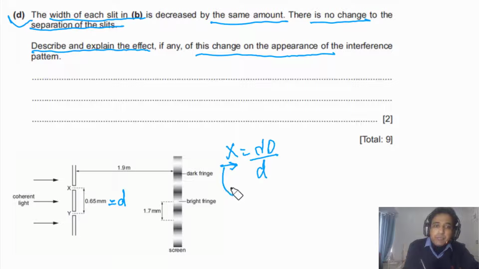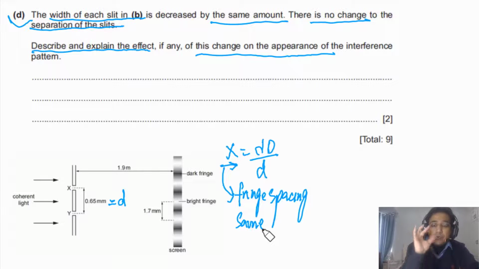So it means that the fringe width, or you can say fringe spacing, will remain the same. So this is one thing. Now as this gap size decreases, how about the light coming out of it?